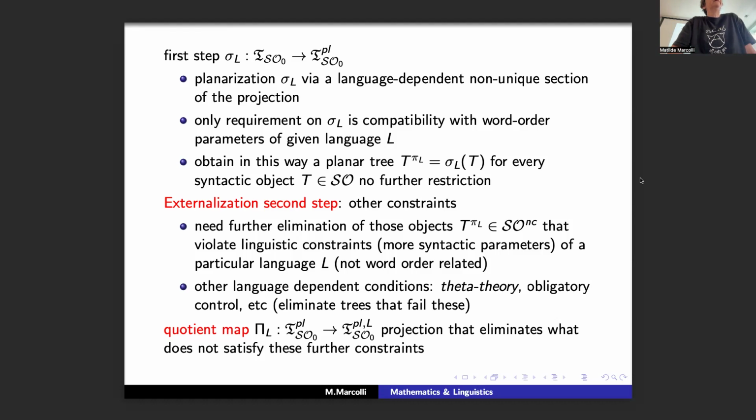It can all handle, even if it sounds like this is the edge case of, you're talking about syntactic merge, and now you start thinking about morphology. So is this able to handle that? Yes. You're right that when you choose planarization of trees that accounts for compatibility with word order rules, if you add morphology, for example, some languages tend to have morphology that works more with prefixes than with suffixes.